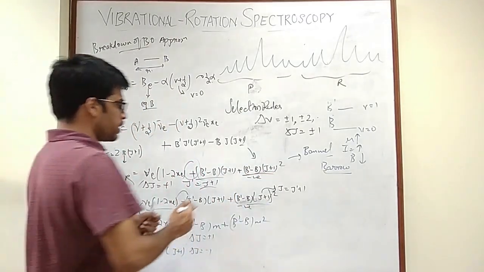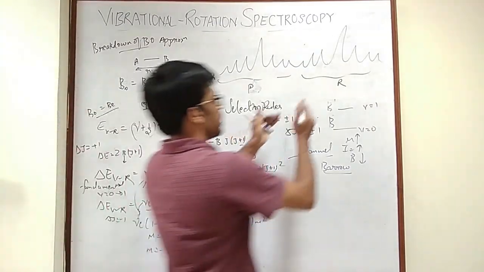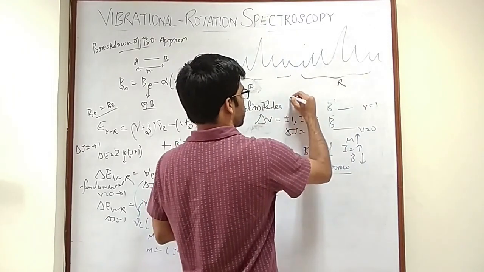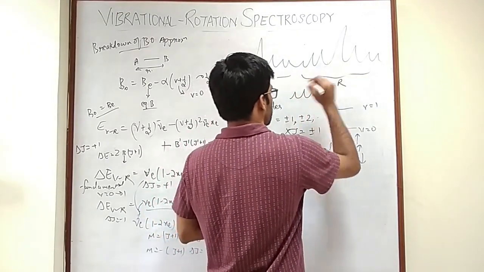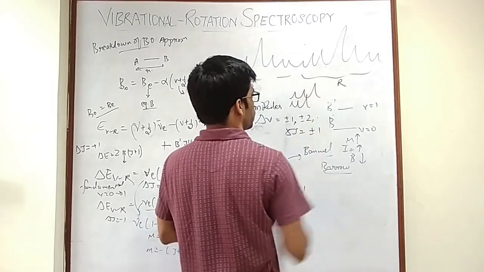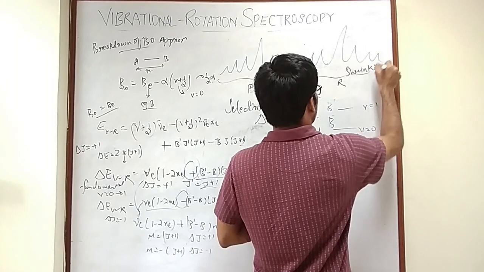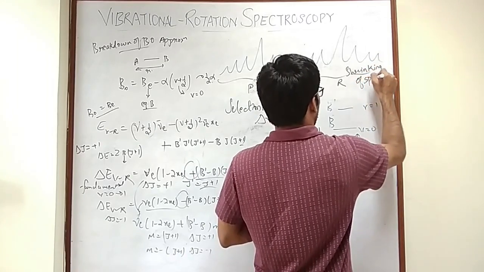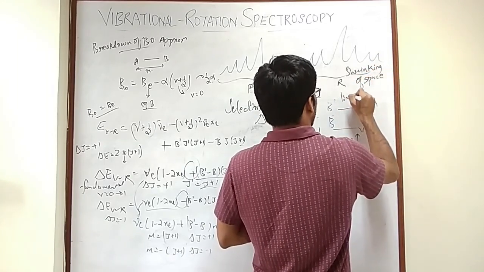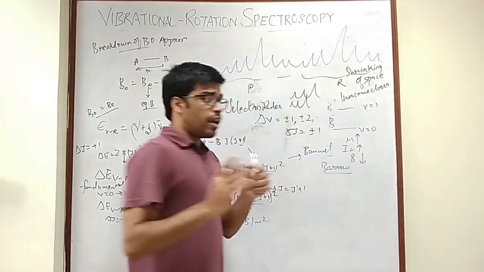So in this entire part, there is going to be a decrease. Without this, these lines would look something like this, but because of this, the lines will now come closer. So there is a shrinking of spacing, or the lines come closer, in the R lines.